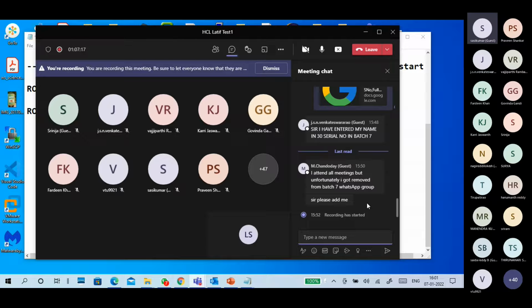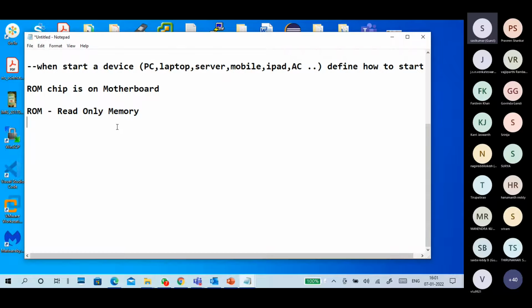Okay, what you do is just speak with Ravan sir or Ruxana madam, who is handling it. Ask them, saying you attended. Maybe because randomly a lot of people did not join, it happens. How can I contact, sir?